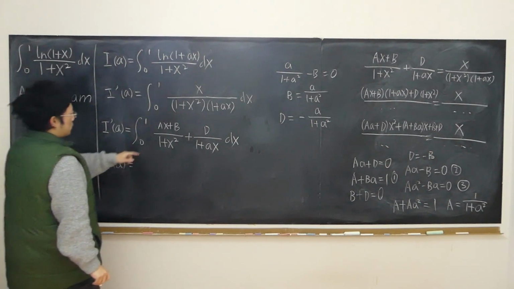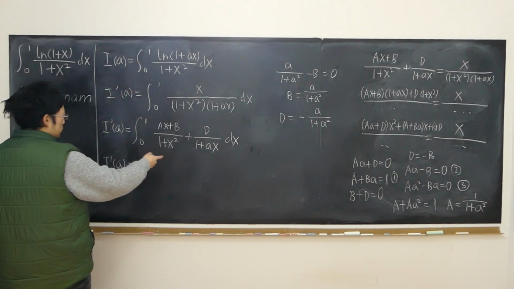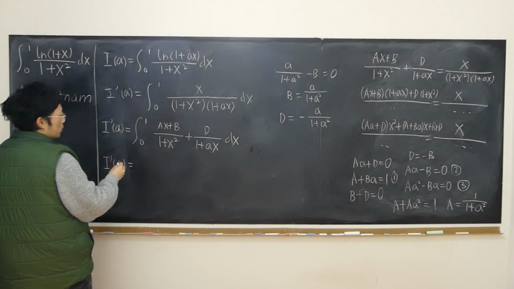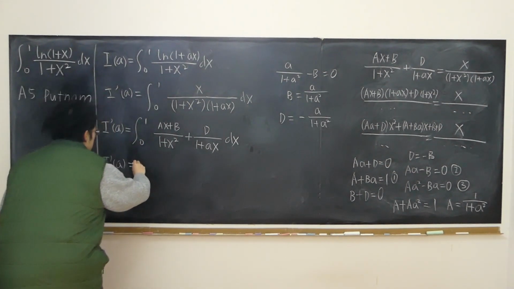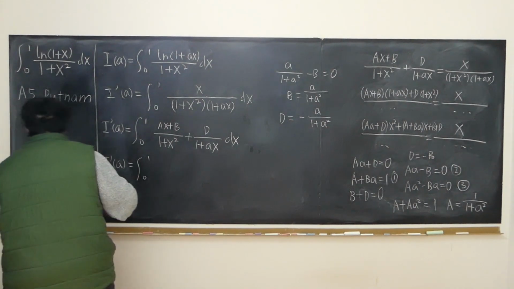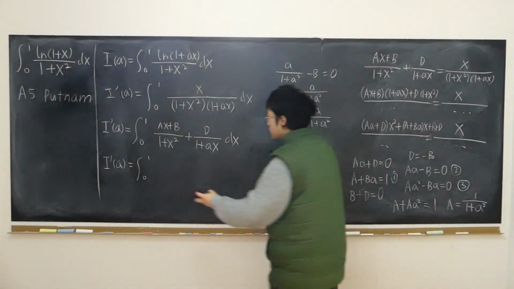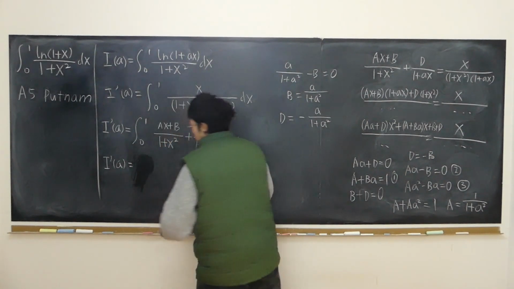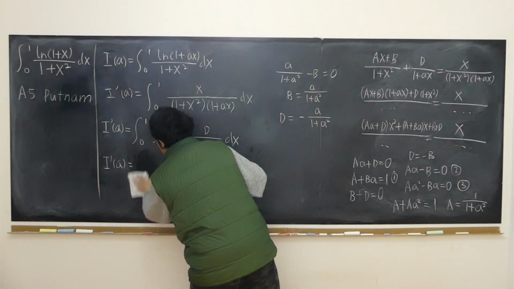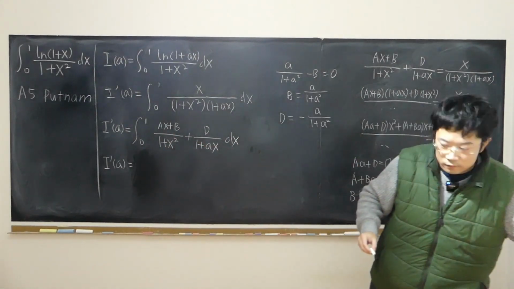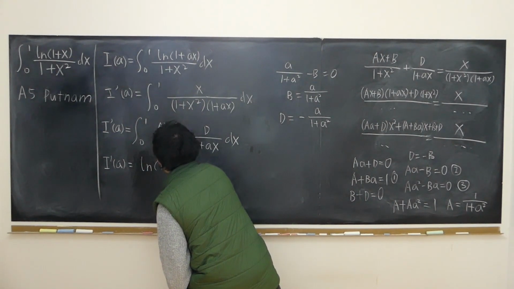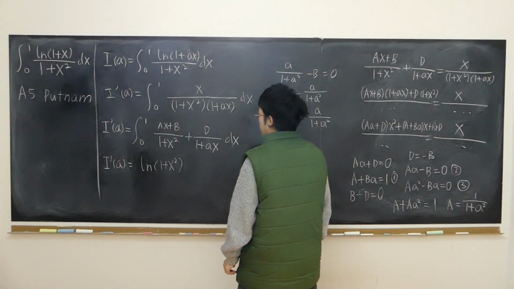So here we just split this and that. The antiderivative of capital Ax over 1 plus x squared should easily be logarithm of 1 plus x squared times some constant. I'm going to figure out the constant.